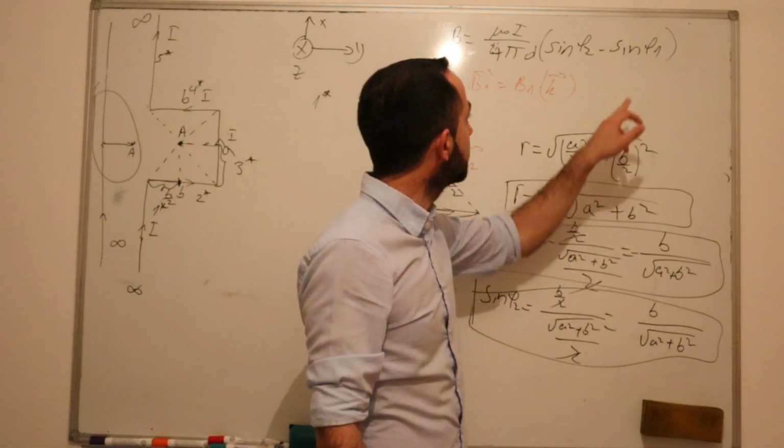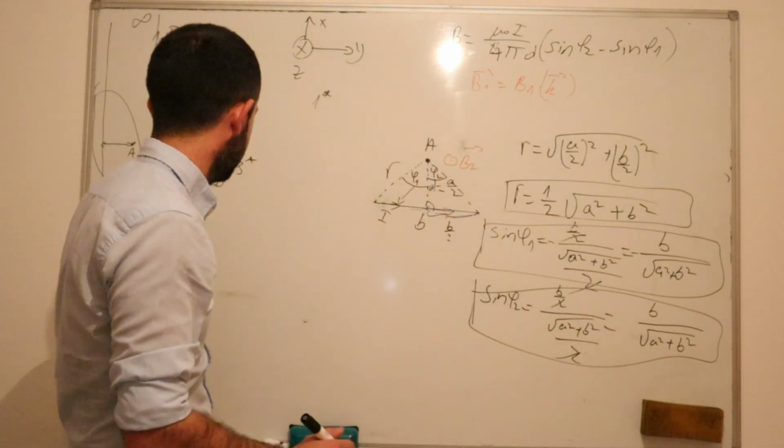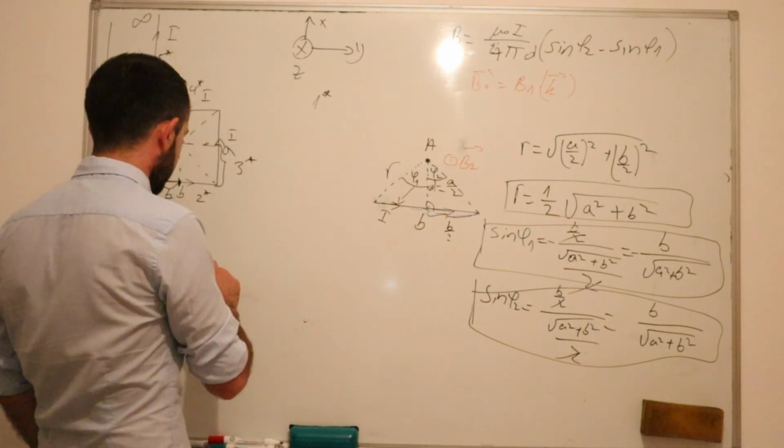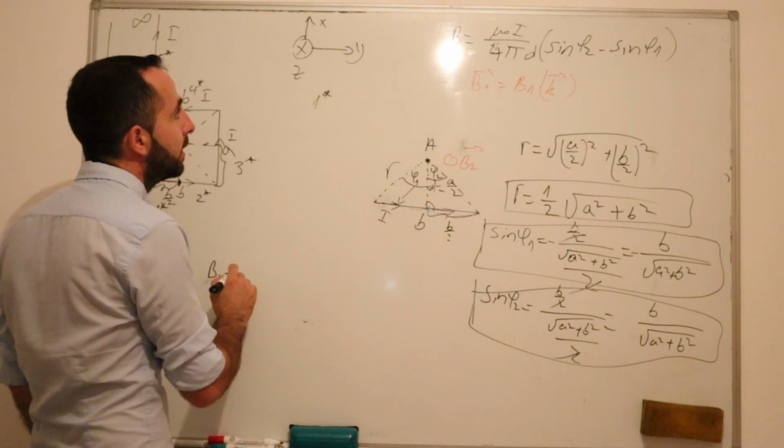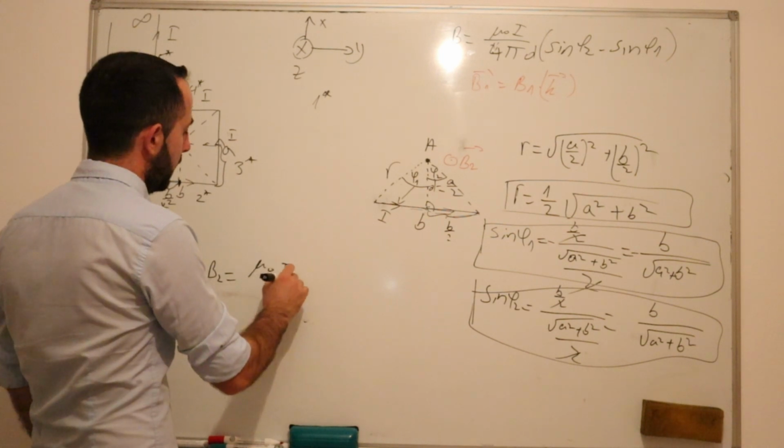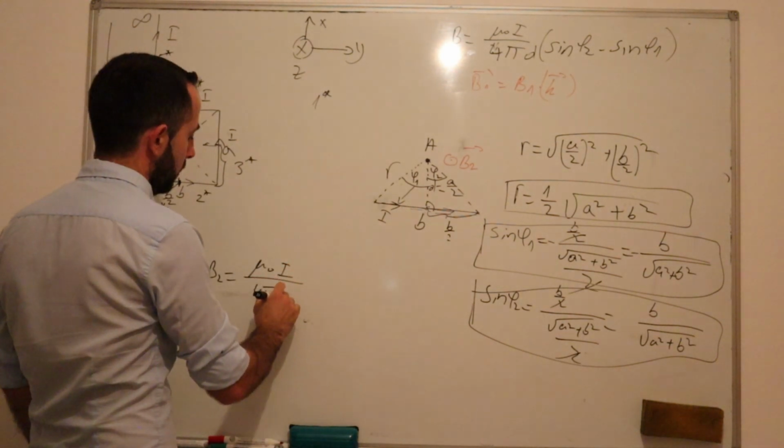When we put this minus here, it will become positive, so our resultant magnetic field B2 is equal to μ0 I over 4π.